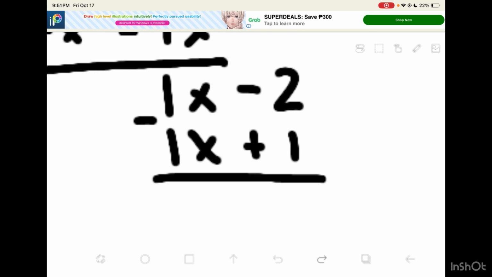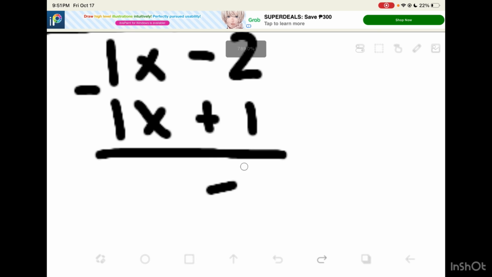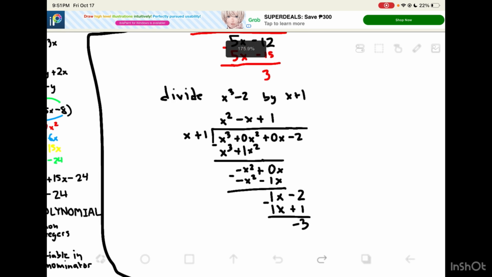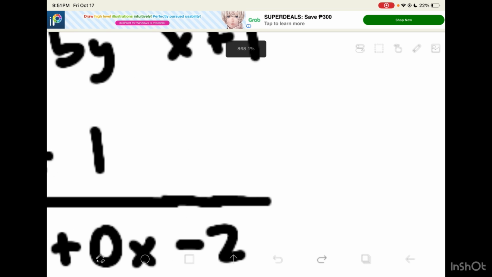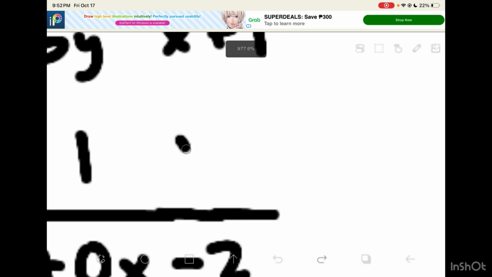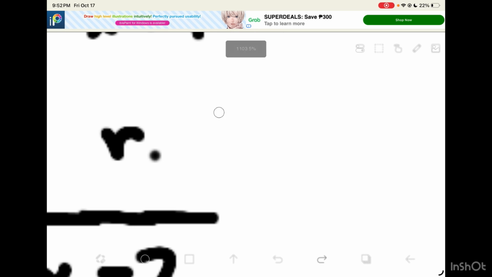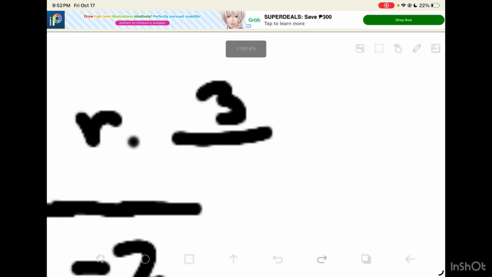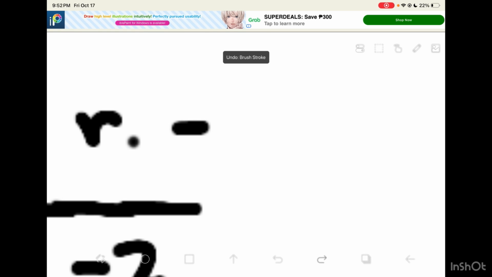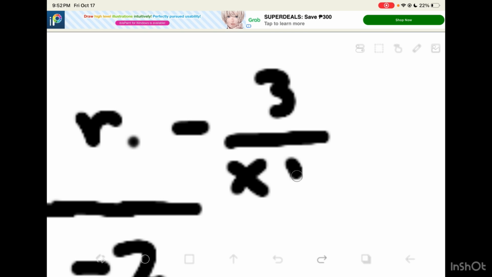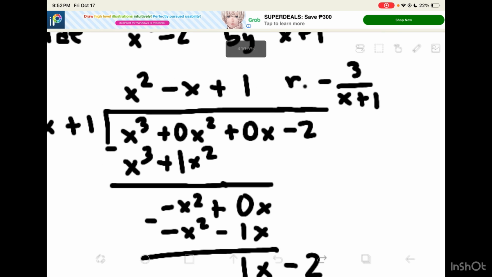So negative 2 minus 1, that's negative 3. And that's our remainder. So the final answer is negative 3 over x plus 1. So yeah, that's our final answer.